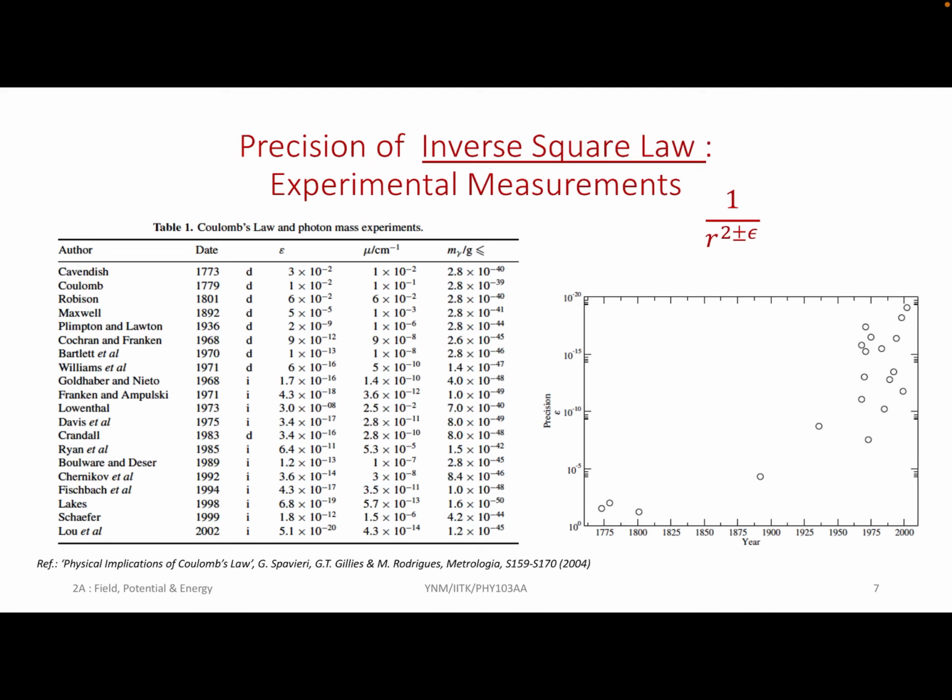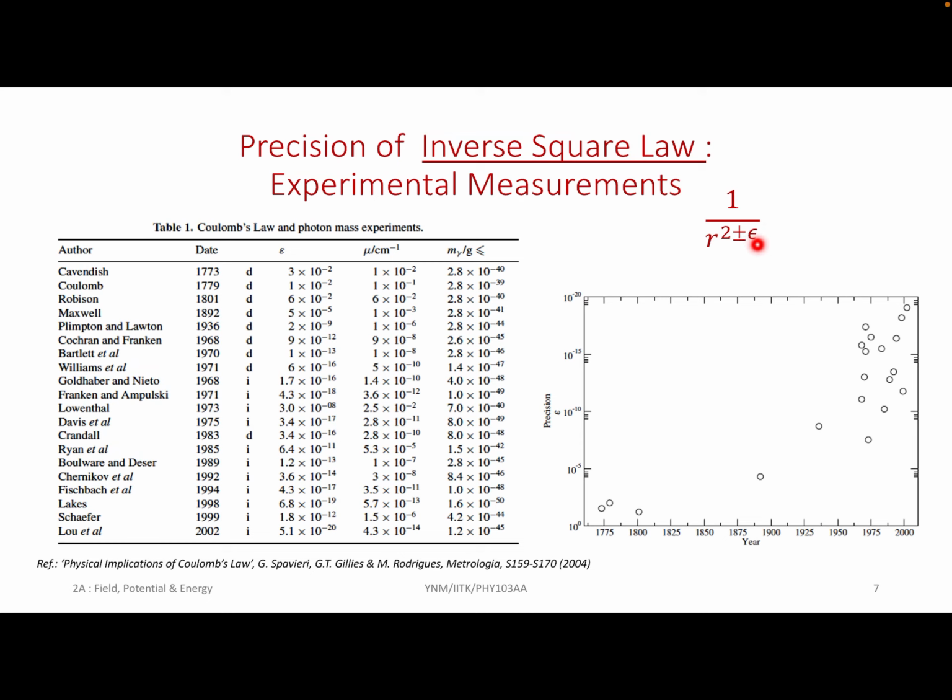The crucial aspect of Coulomb's law is that it is an inverse square law. And people have been worried: is it really proportional to 1 by r squared? Or is it that this epsilon is only a small quantity that we can't measure? Is it exactly 2 as an integer?